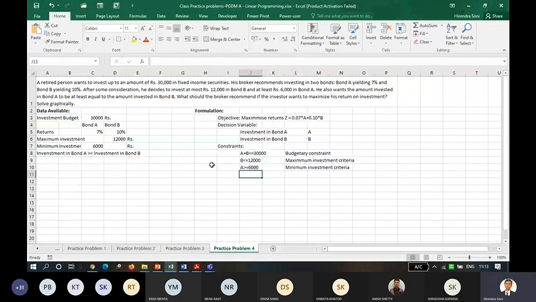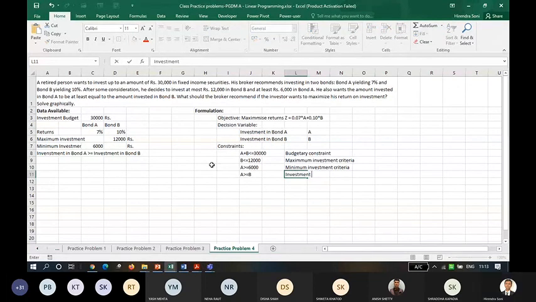A has to be greater than or equal to B. So condition. ठीक है? We can look at it as ratio or proportion, how I would like to invest. Correct?